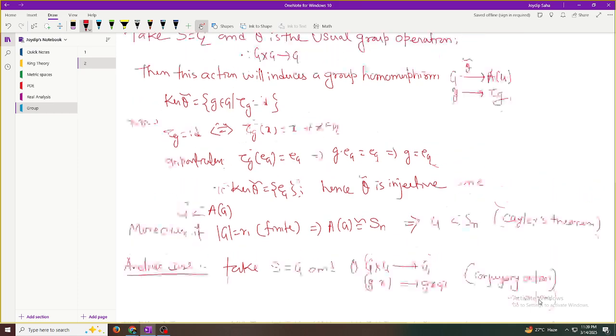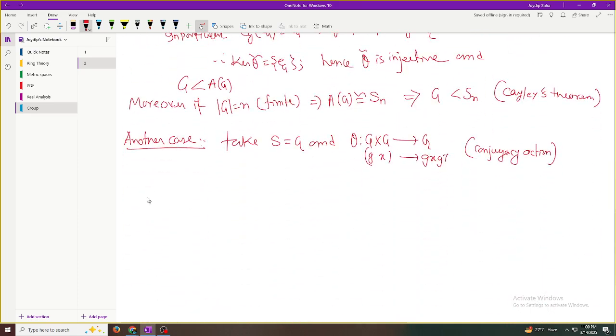So this action will induce a group homomorphism G to A_G. What is A_G? I also write it as Aut G, another notation.